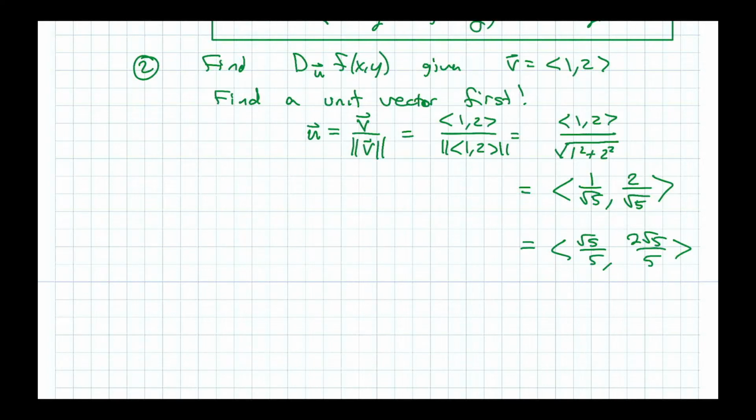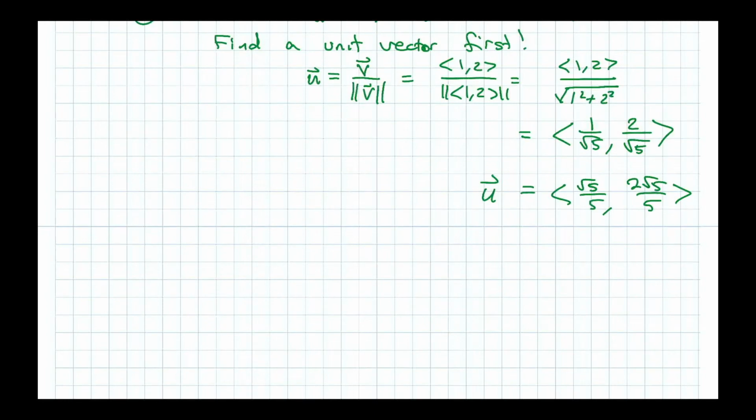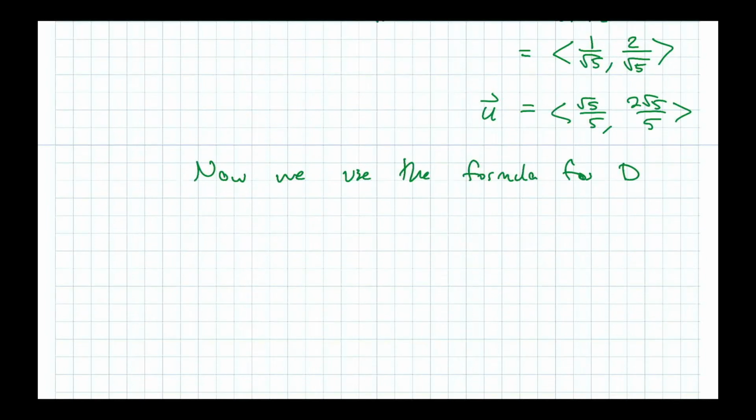You found a unit vector in the direction. So this is our u. Now we can use our formula for the directional derivative. The directional derivative in the direction of u of f of x, y is grad f dot u.